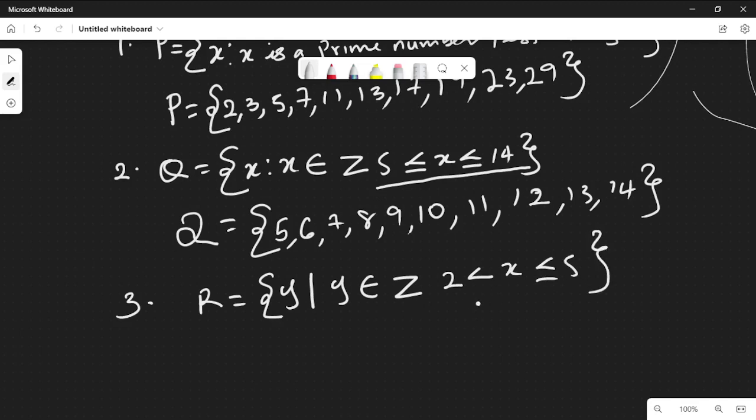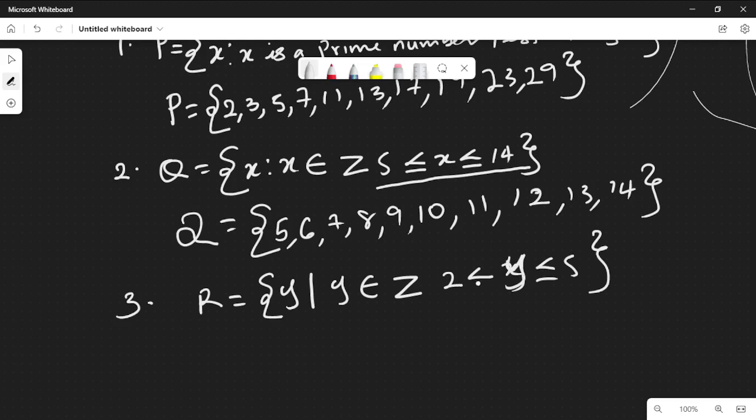Now if you look at this, this is different from what we have initially, right? So what this simply means is that R is a set of Y such that Y belongs to the set of integers. Sorry, this is supposed to be Y, not X, my bad. And you have this to be 2.